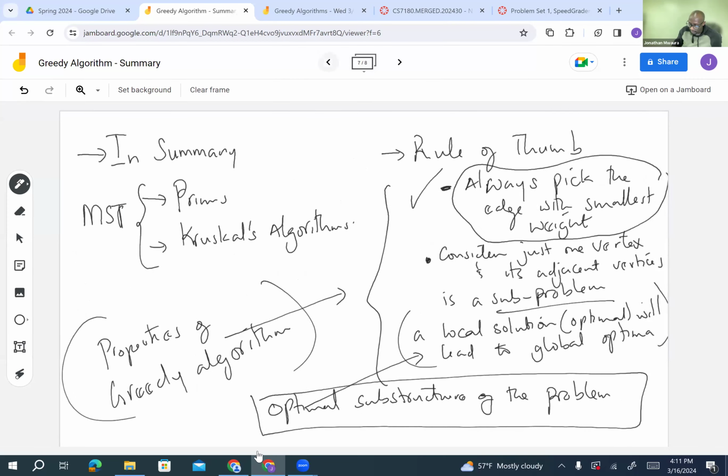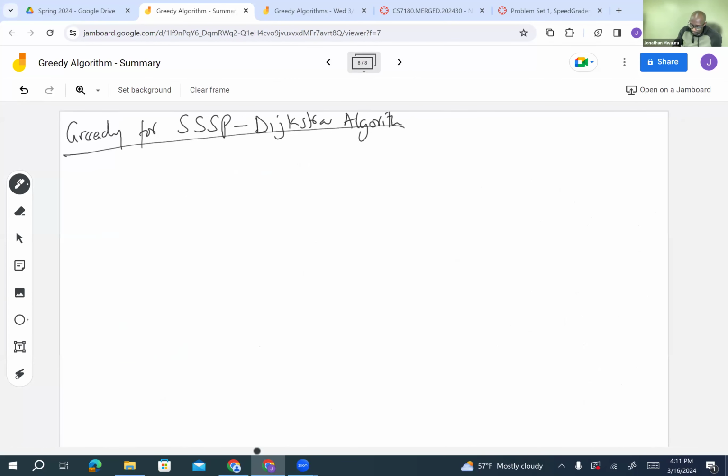Let's use the same graph that we have here. This graph has vertices A, B, C, D, and the edge weights are 5, 4, 2, 6 and 3.